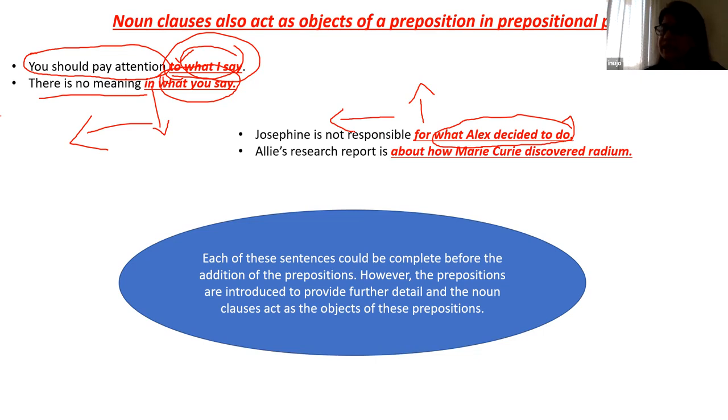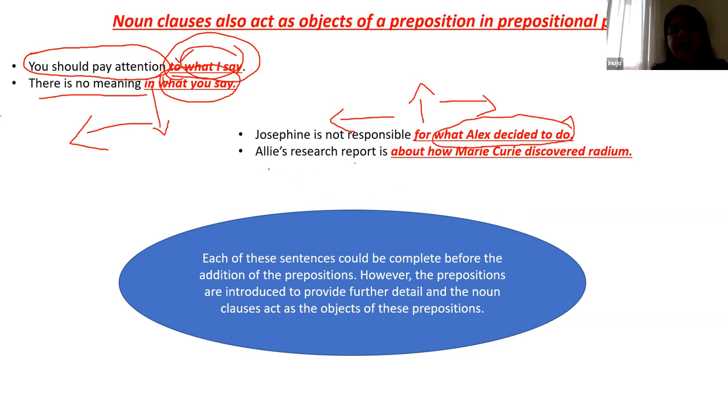Isn't it so? All right. So hence, what Alex decided to do, which is coming after the preposition, we call this noun clause an object of preposition. The noun clause is playing the function of an object of a preposition.